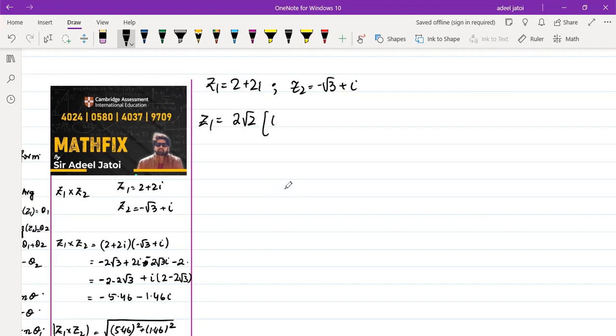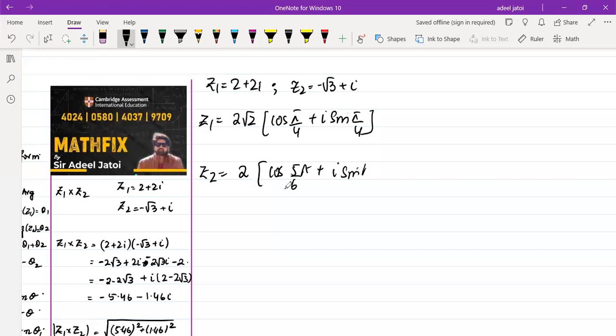So we can write this as 2 root 2 (cos pi upon 4 plus iota sine pi upon 4). Similarly, we can also have z2. The modulus of this is 2, and the angle of this will be 5 upon 6 pi, so cos 5 pi upon 6 plus iota sine 5 pi upon 6.